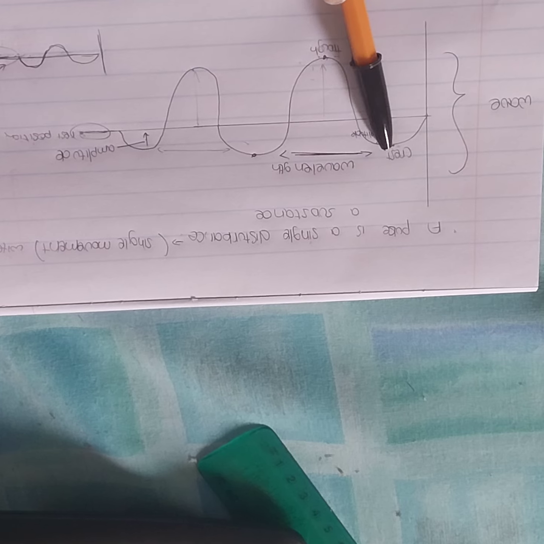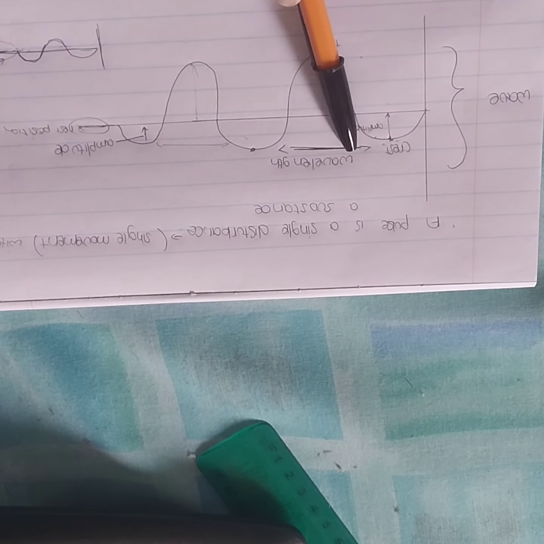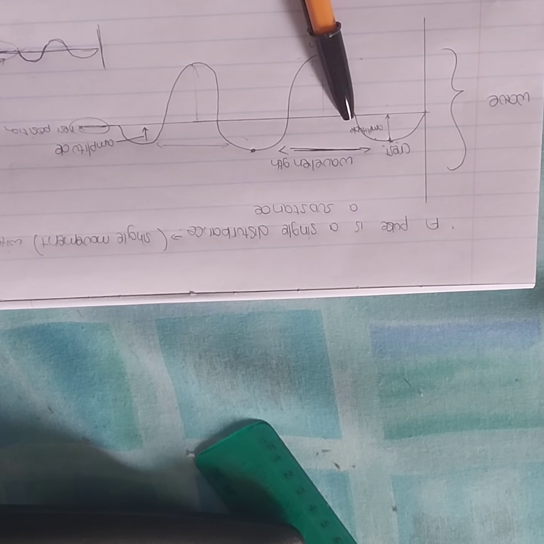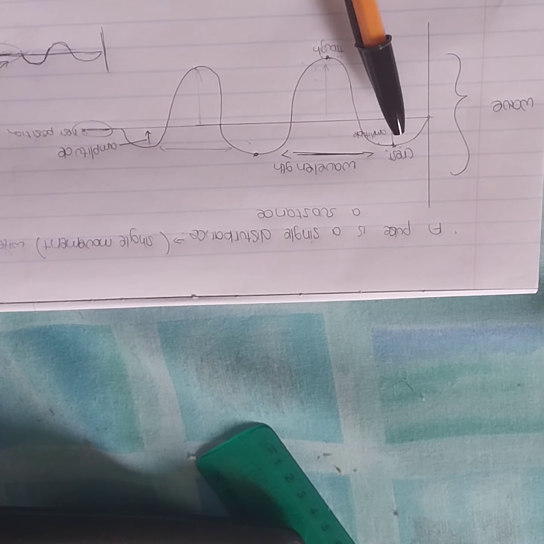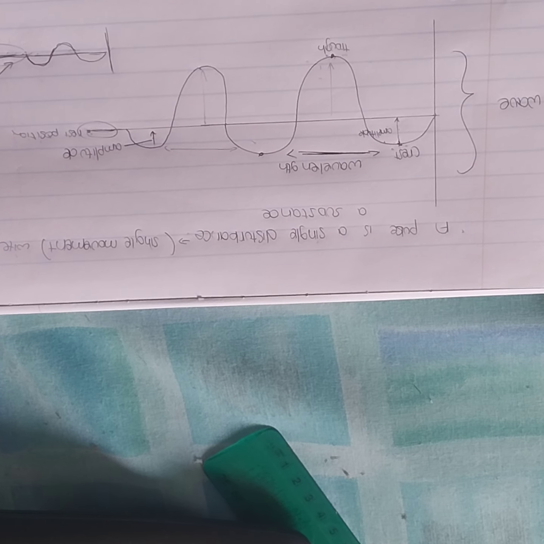Crest, it's the highest point in a wave. Trough, it's the lowest point in a wave. So basically, up, down, high, low. Crest, high; trough, low. Crest up, trough down. So crest is the highest point in a wave and trough is the lowest point in a wave.